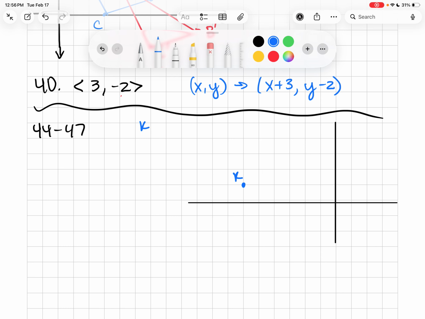I'm going to write this up here. J is at (-3, 2). G is at (-5, 4). And H is at (-2, 5).